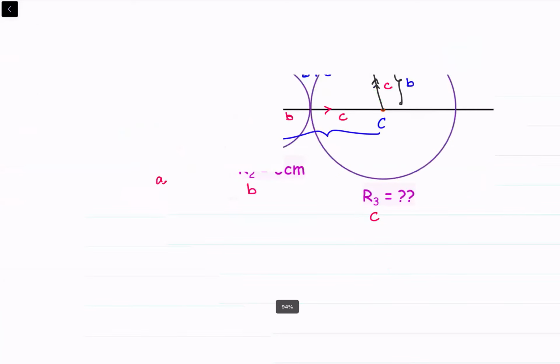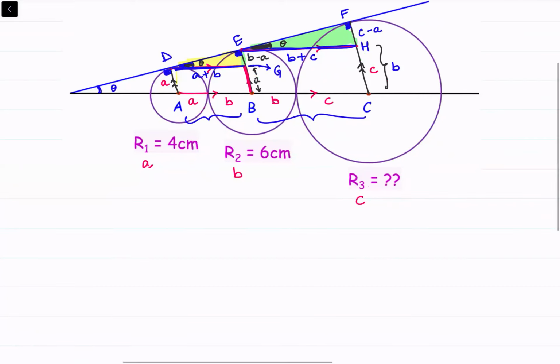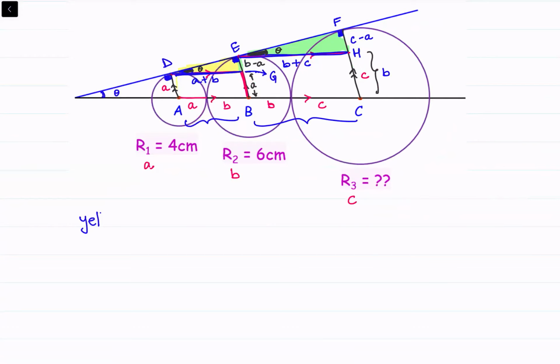So let's see here. First we name them. This is A, D, this is B, E and this is C, F. And let's name this point as G and this point as H. So we know that the yellow triangle, which is DGE, is similar to the green triangle, which is triangle EHF.